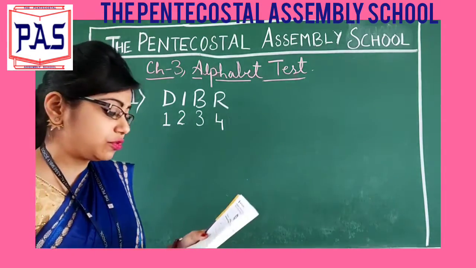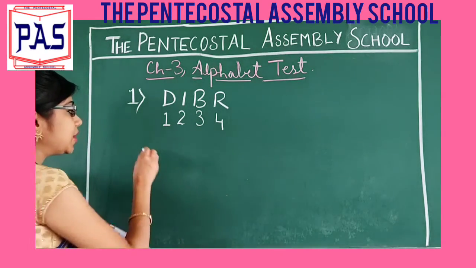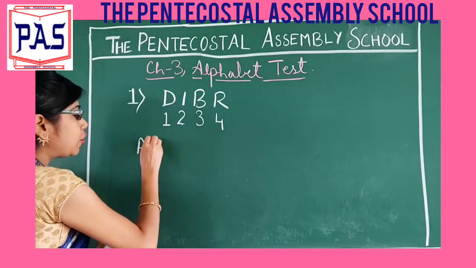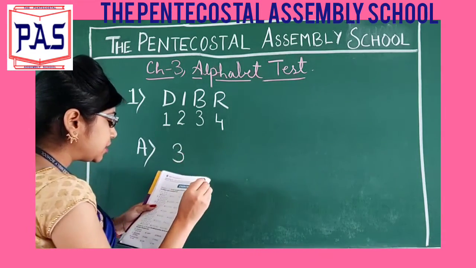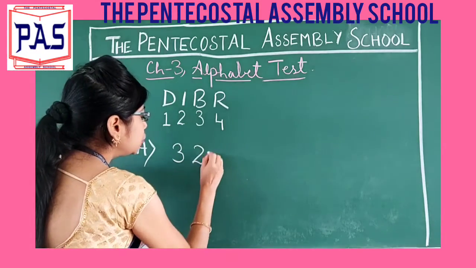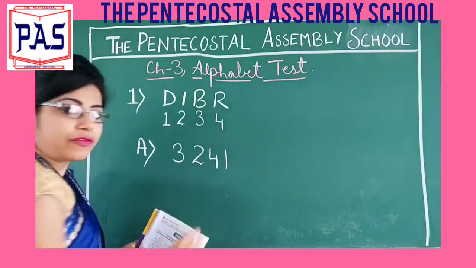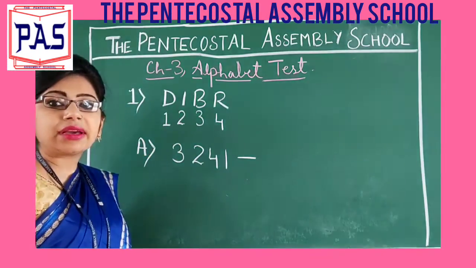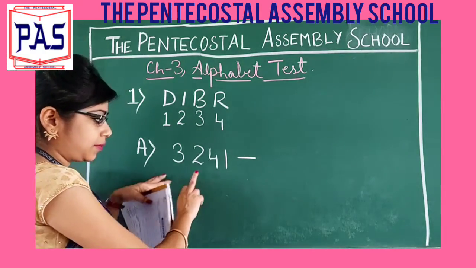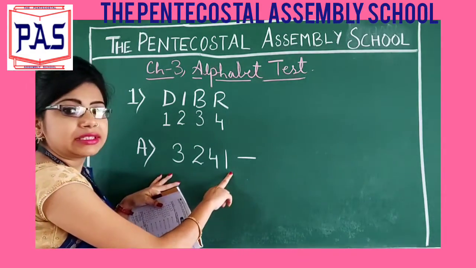Let's check option A. In option A, you can see the numbers given are 3, 2, 4, 1. And we will make the word according to these numbers.